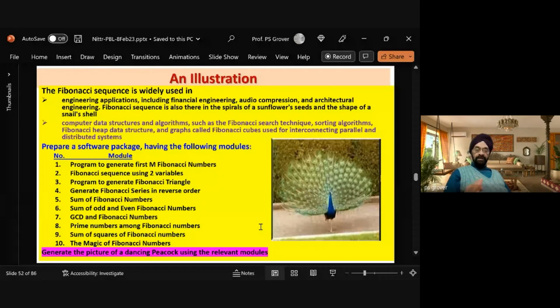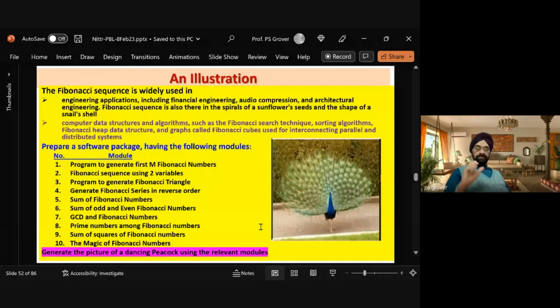See, I have not given them anything. So this is an example where a student has to work many things out on his or her own. For example, GCD and Fibonacci numbers is not given in the textbook. Here the student has to search for that.